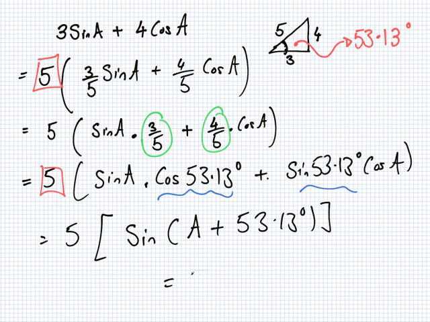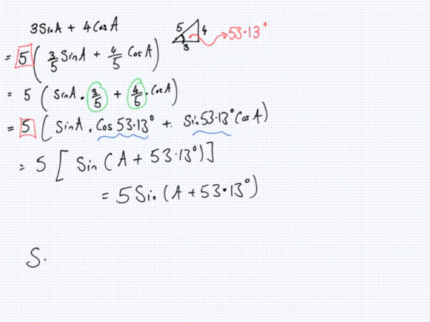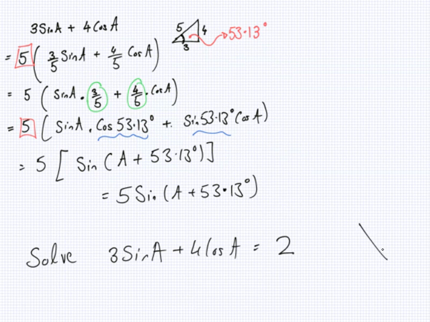Or in other words, that's 5 sine of A plus 53.13 degrees. So I've taken two different functions, a sine and a cos, and combined them into one single function. Why is that useful? If I told you to solve something like 3 sine A plus 4 cos A equals, I don't know, 2, you can't.